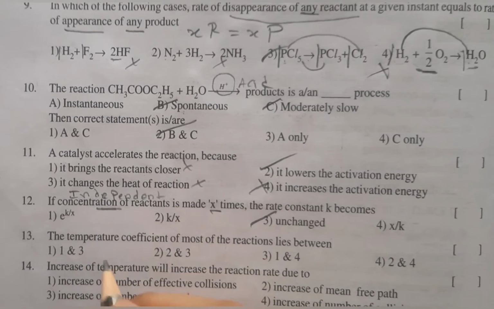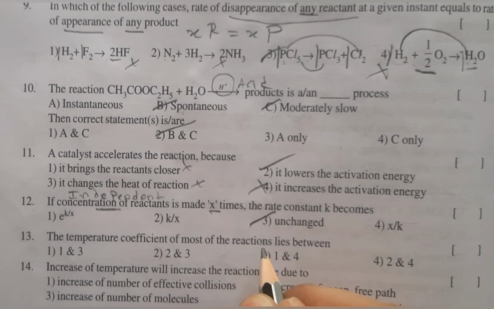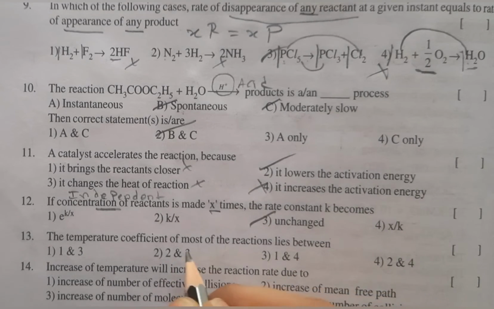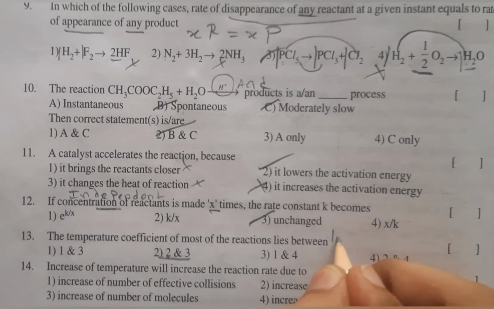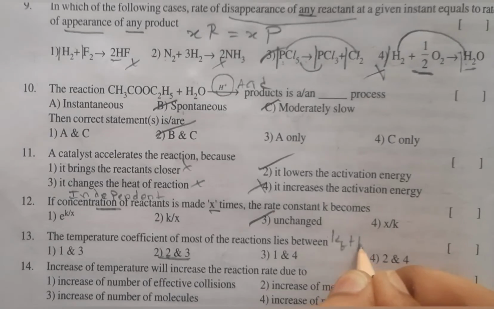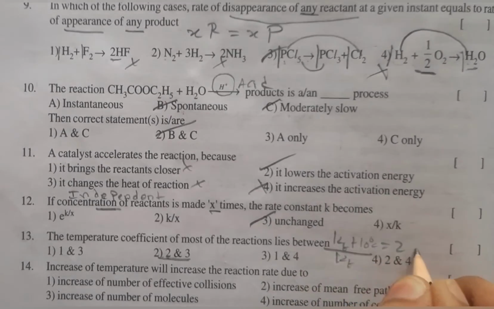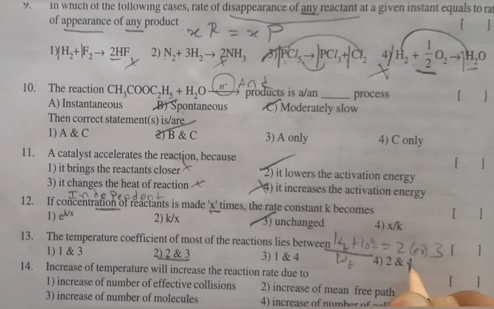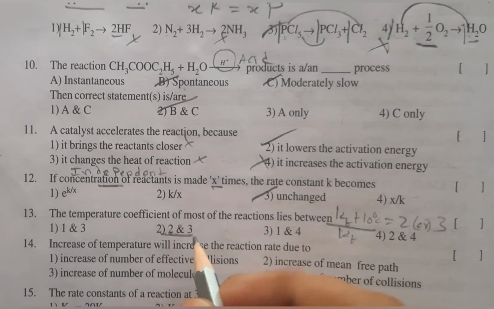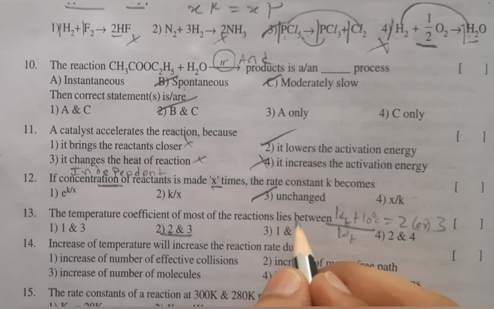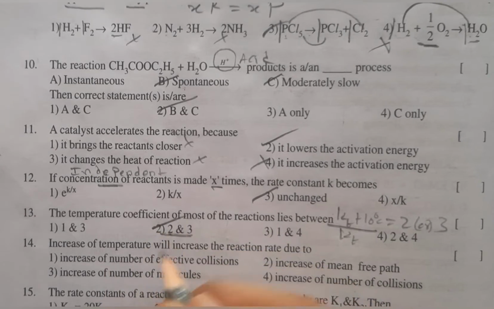Next, the temperature coefficient of most reactions lies between, we already know, 2 and 3. So k at T plus 10 degrees by k at T is equal to 2 or 3. This is the direct formula. The value lies between 2 and 3, it's the correct option.